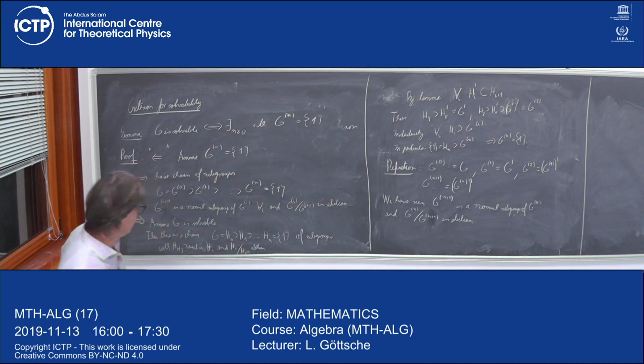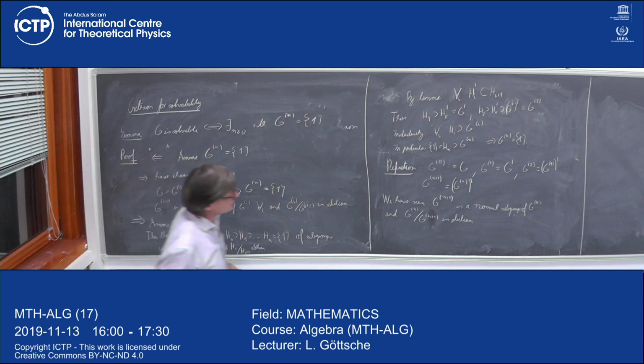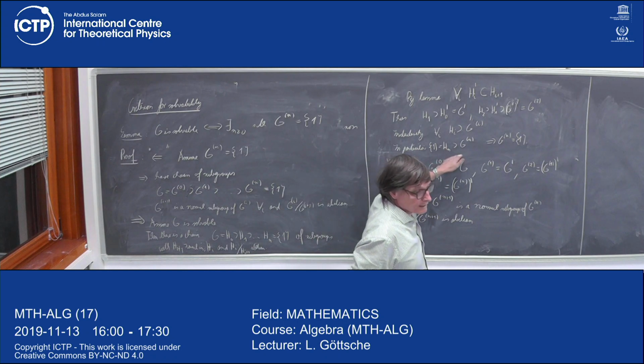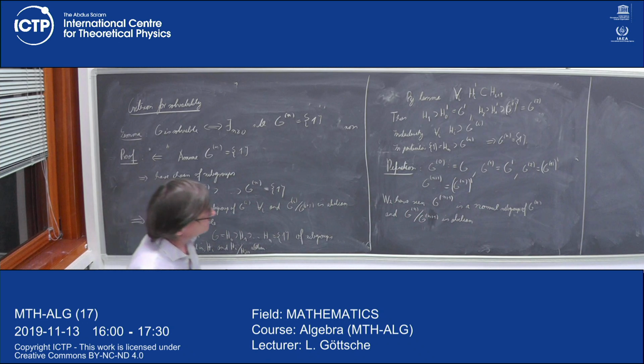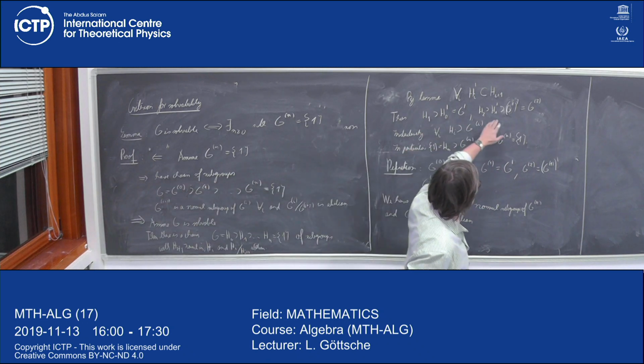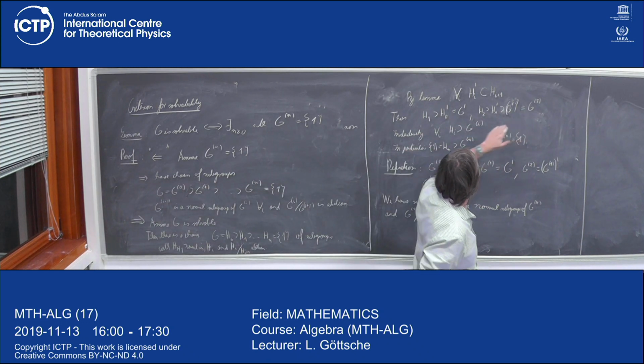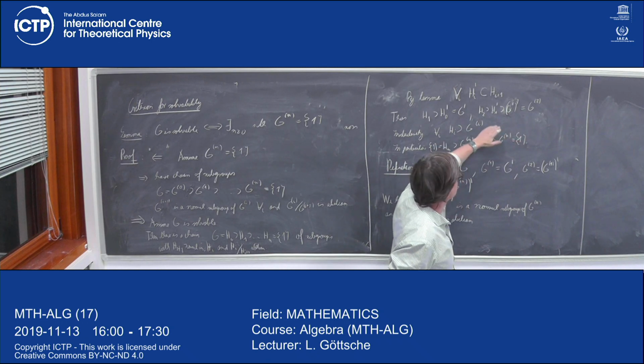Okay, so if you have a chain of such things, you actually find there is a chain of at most the same length in terms of commutator subgroups. It's an easy induction to see this. Just do the same argument.